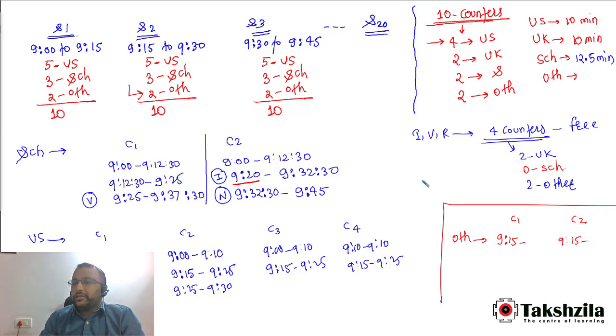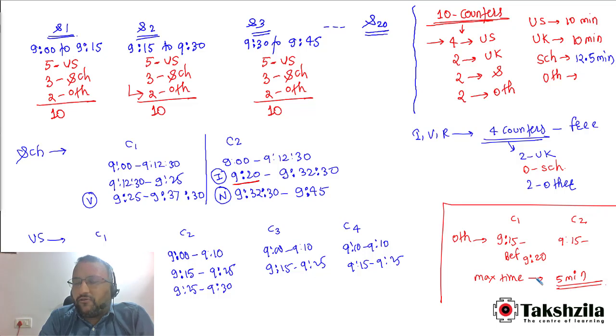At 9:20 these 2 counters got free and there is no one waiting at the other end. It means the processing of other category candidates will get finished within 5 minutes. So the maximum time required for one application of the other category is 5 minutes.